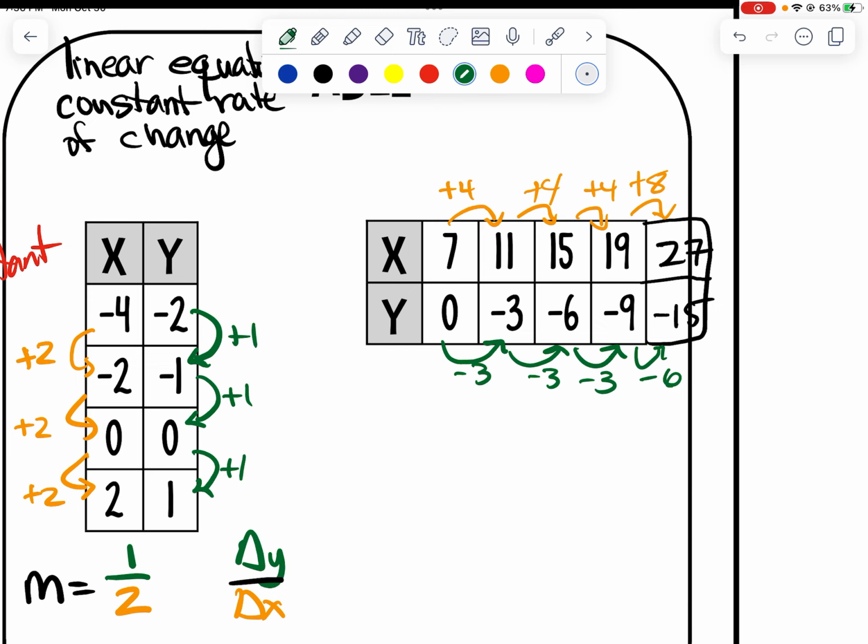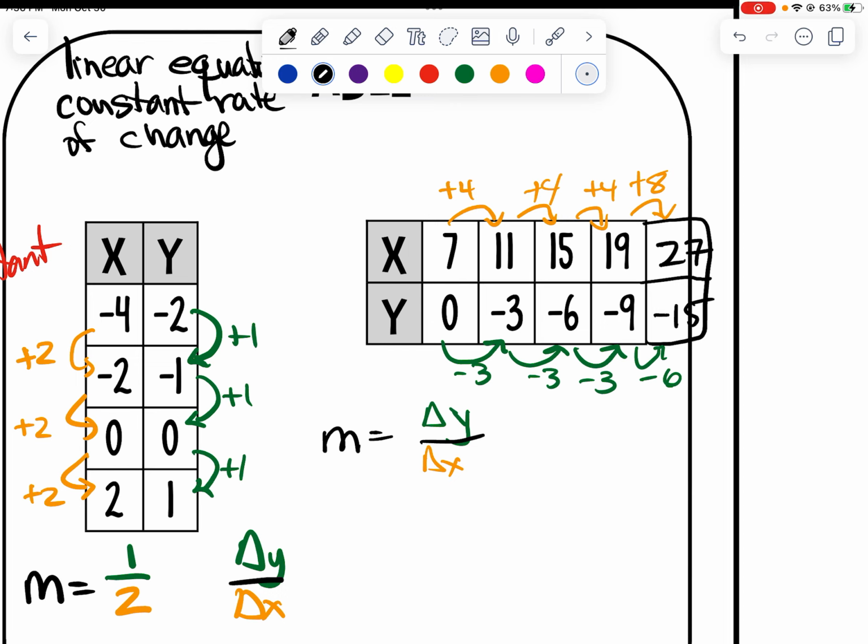So I want you to look at this real quick. If I was to write my slope, which means it's the change in y over the change in x. Now some of you may say, well, it doesn't work anymore.